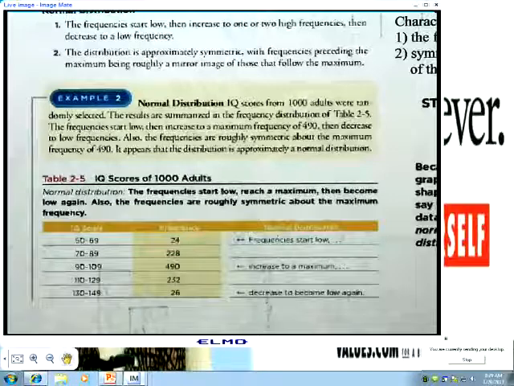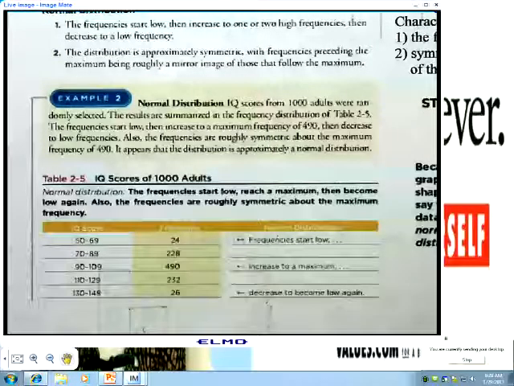Average IQ score is 100, so the vast majority of the population, their IQ falls between 90 and 109. This is out of, I think, 1,000 people. Out of 1,000 adults, almost half of them fall in that one class.